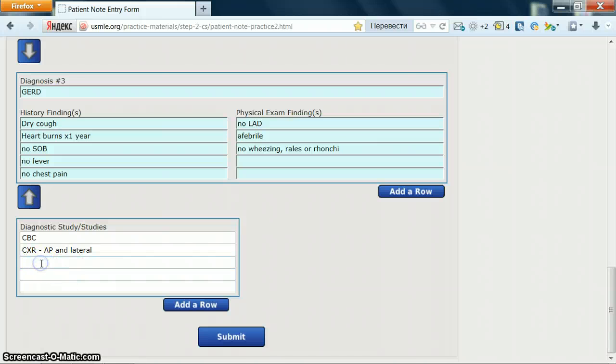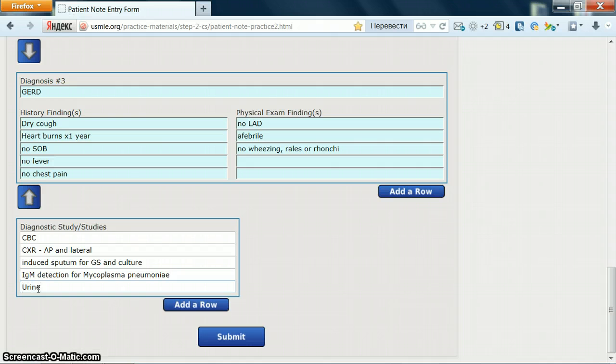And we add other studies for this case. Gram stain and culture, immunoglobulin M, and let's say also urine.